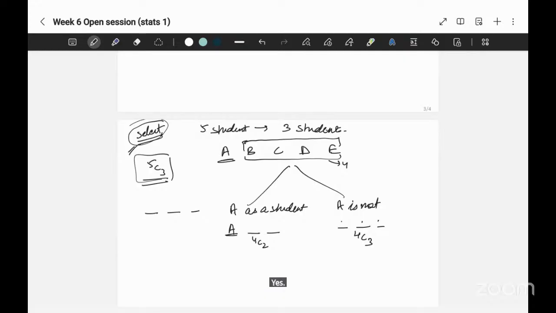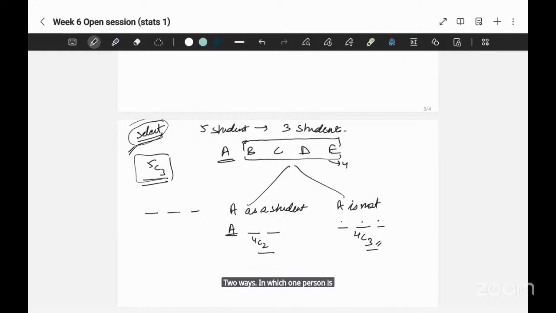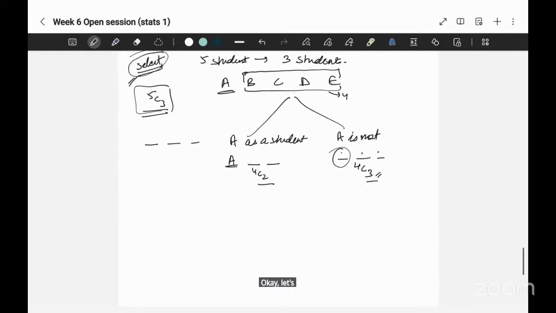So it will be 4C3. So in short, for the three students that I am selecting, I have two ways: one in which one person is already there, or a condition in which that one person is not there. If you are selecting anything, let's suppose I have balls. Let's have two different kinds of balls, right?